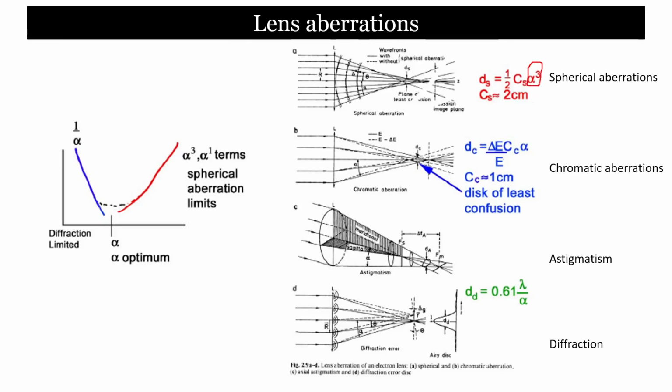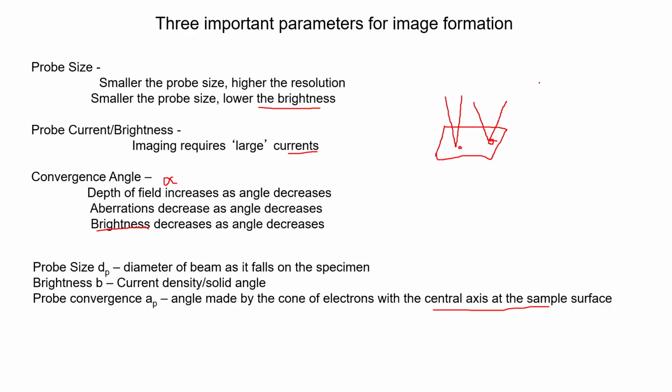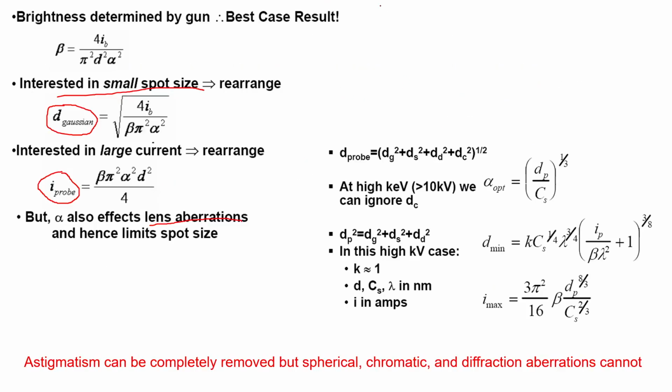So we can't blindly increase the alpha by looking at just these two, the diameter of the spot size and the current. If we increase the alpha blindly, it will cause very huge lens aberrations, mostly the spherical aberrations. So we need to have the optimum value of alpha to get the best image quality.